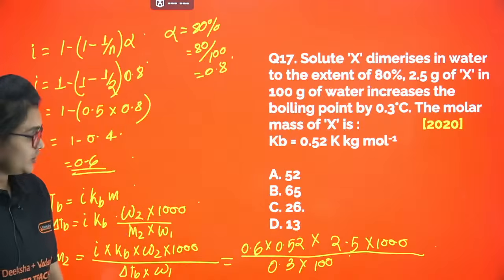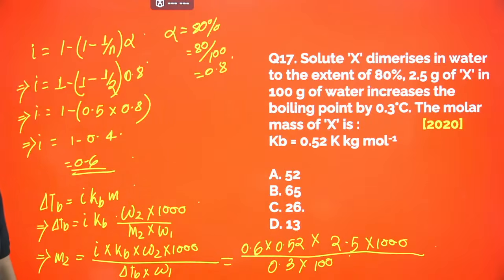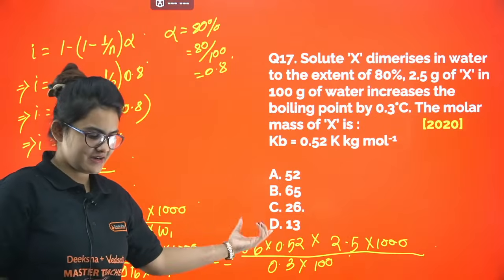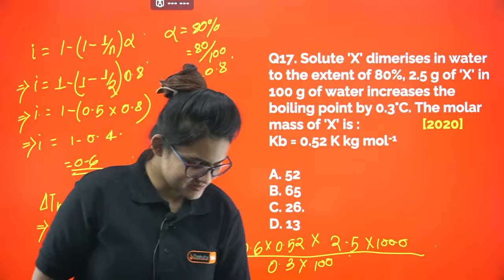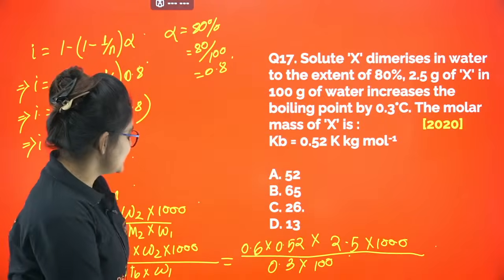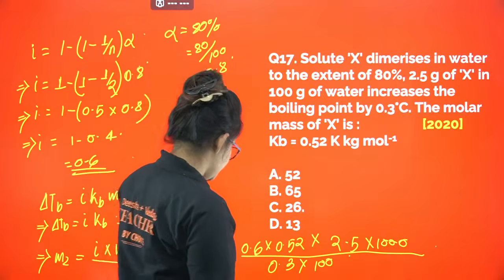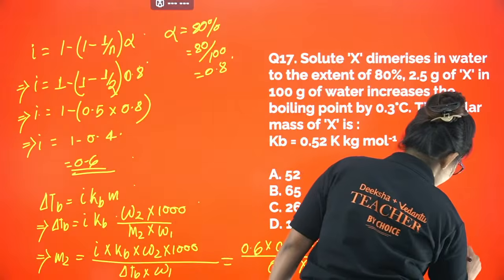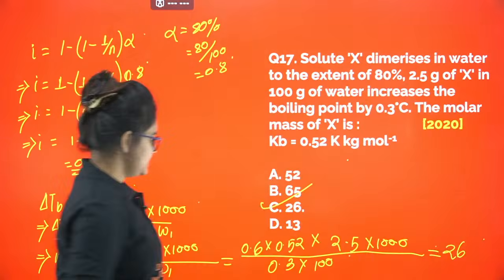I want you people to do the calculation. It's an easy one though. You can just simply divide and multiply. I am just directly telling you the answer. If you proceed with the calculation, this will come up to be almost equal to 26. So C is the correct answer.